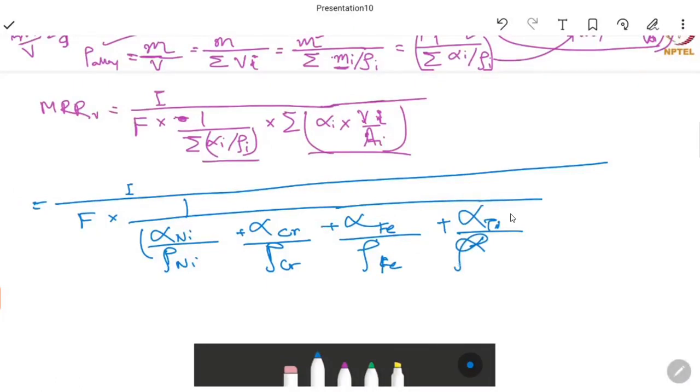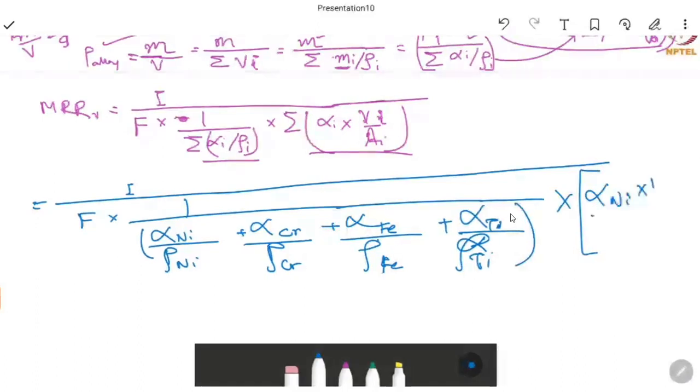And similarly here you have alpha nickel into valency of nickel by atomic weight of nickel plus alpha chromium valency of chromium by atomic weight of chromium, and similarly the other two elements.